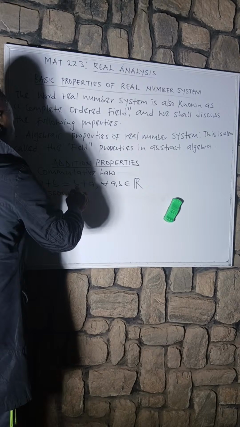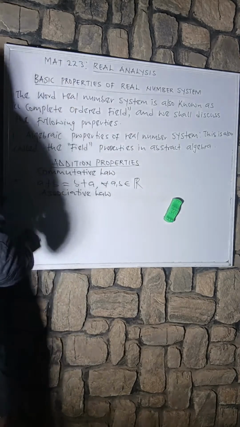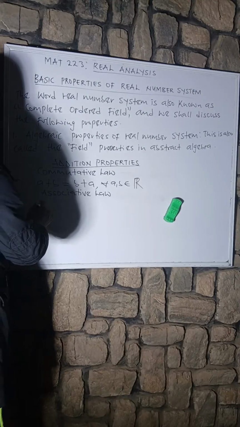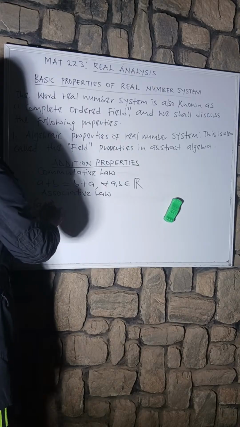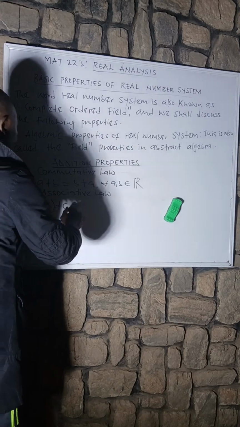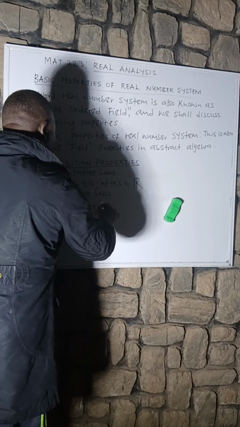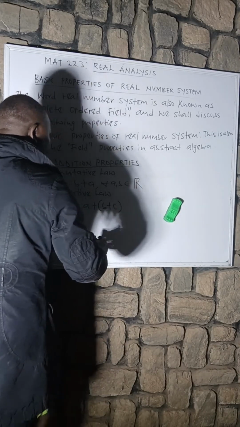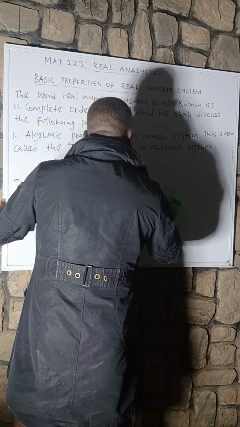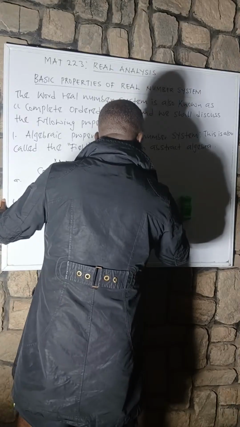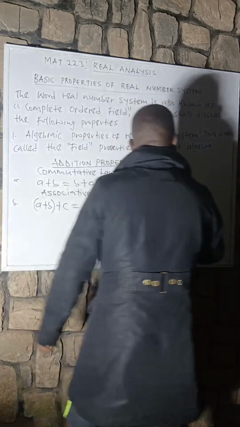I'm going to explain associative law in real life. A plus B close bracket plus C is equal to A plus open bracket B plus C, for all A, B and C contained in real numbers.